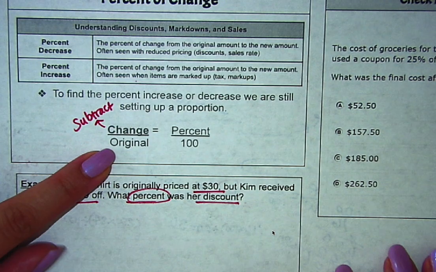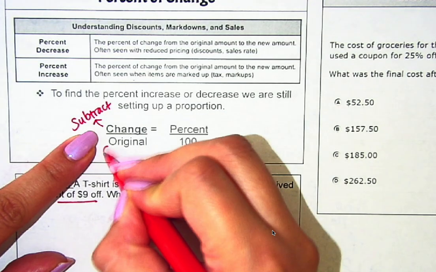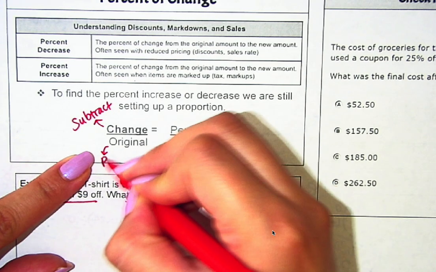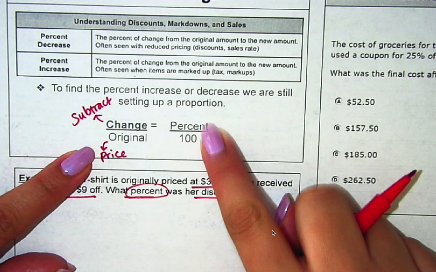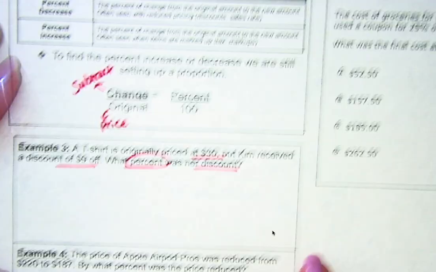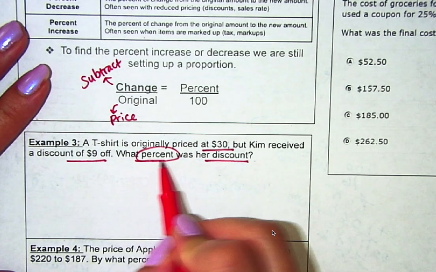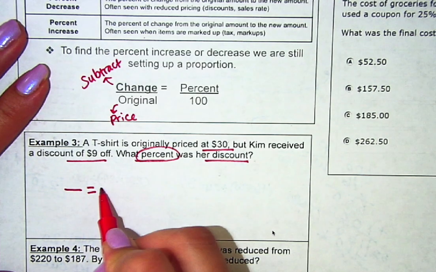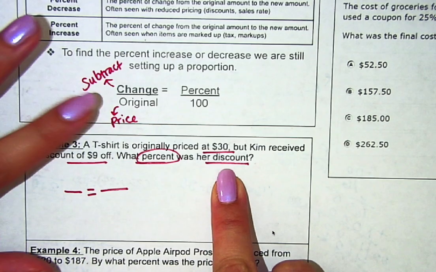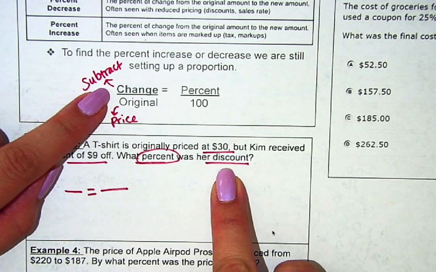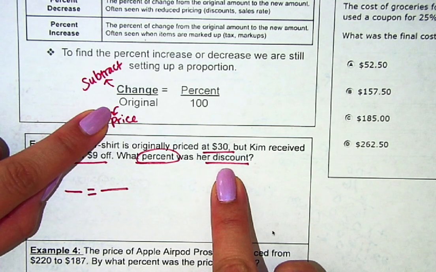The original means what was the original price? What was the price at the beginning? And then again, our percent over 100. So let's look at this. We see the word percent, we got to set up our proportion. But we see the word discount. That's when it changes. You know you have to do change over original, okay?